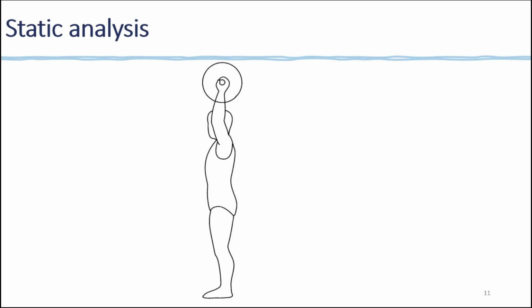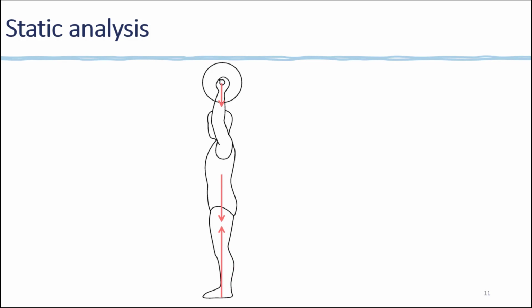We have the reaction force from the floor acting upwards on the athlete's feet. That's the first one. Then we have the weight of the athlete acting downwards through the center of gravity. That's the second force. And then we also have the reaction force from the barbell that's acting downwards on the athlete's hand. So those are our three external forces in this case.